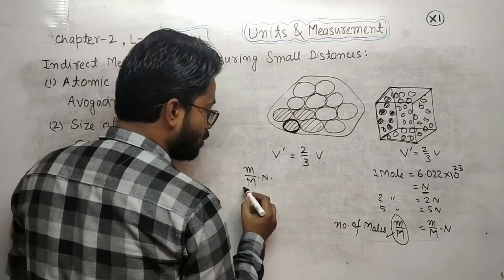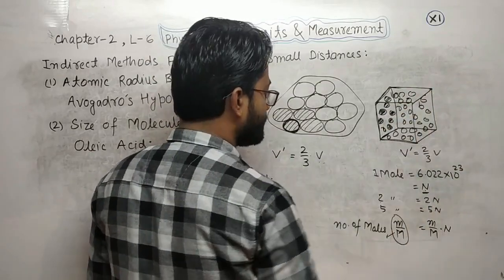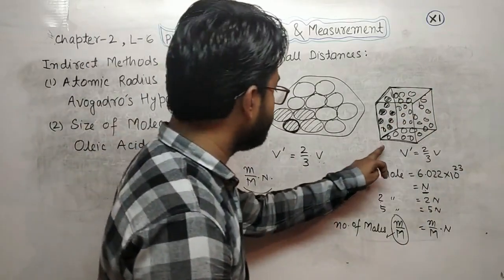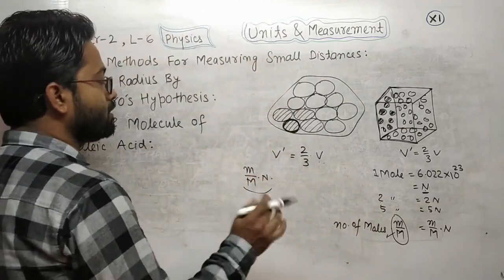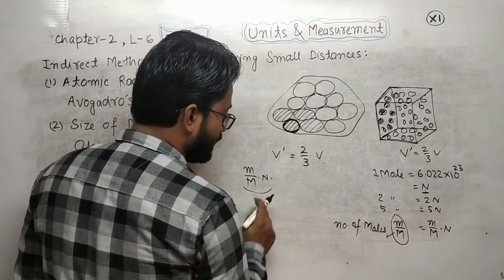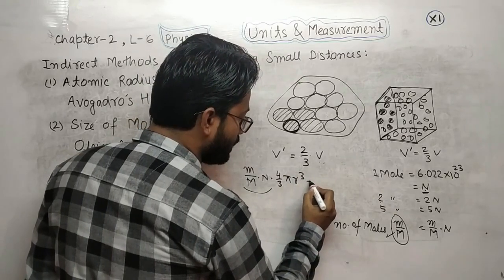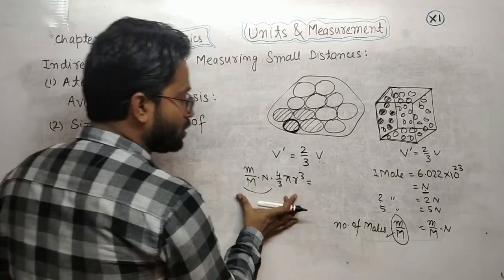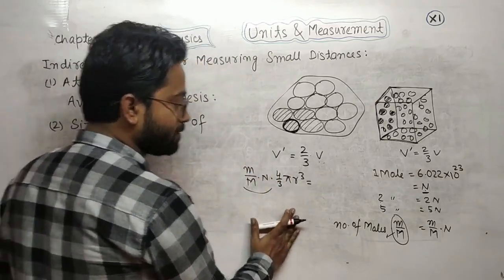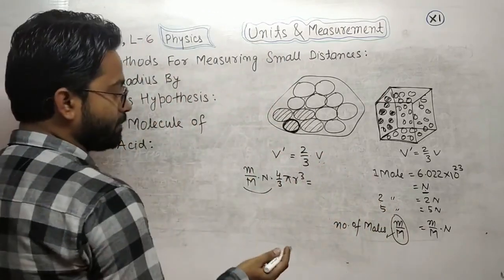This is the total number of molecules present in a particular amount of substance. And 4/3 pi r cube is the volume of one atom. That is the total volume of the atoms according to Avogadro's hypothesis.